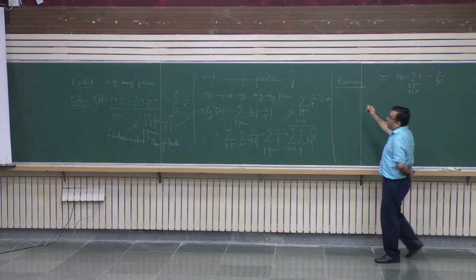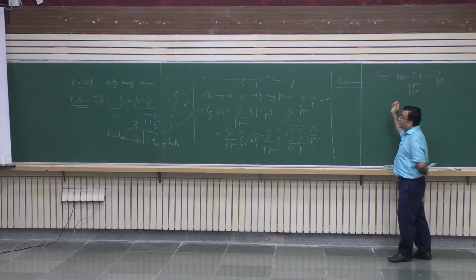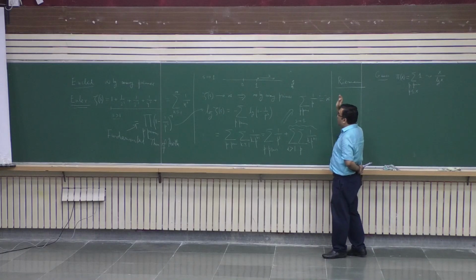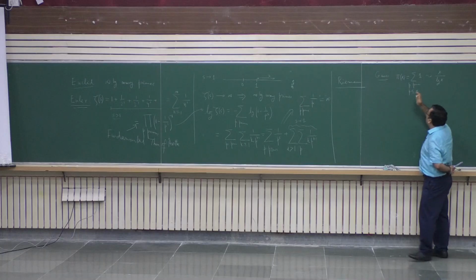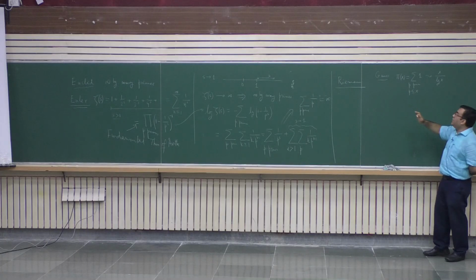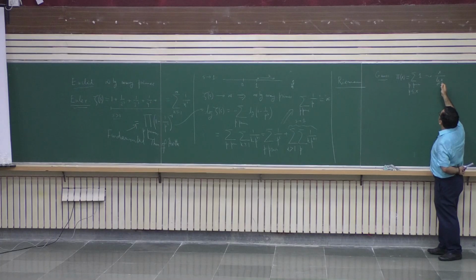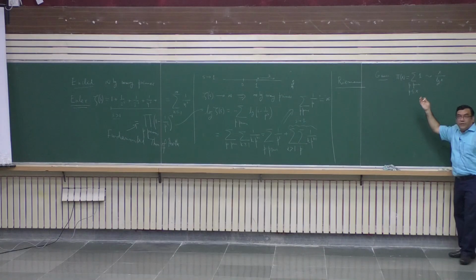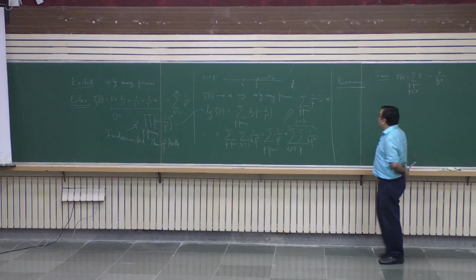And Riemann wanted to prove this. He wanted to not only prove that there are infinitely many primes, but to count how many primes there are. This, of course, gives you infinitely many primes, since x by log x goes to infinity. But it's much more than that.